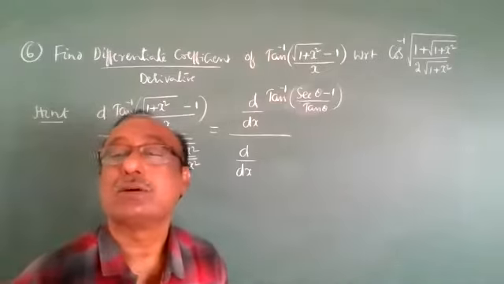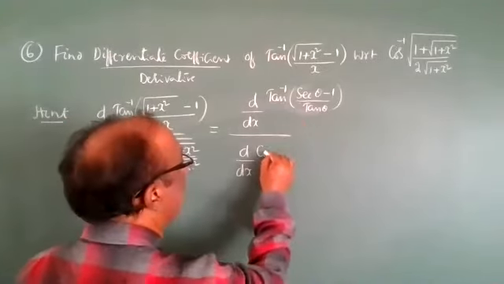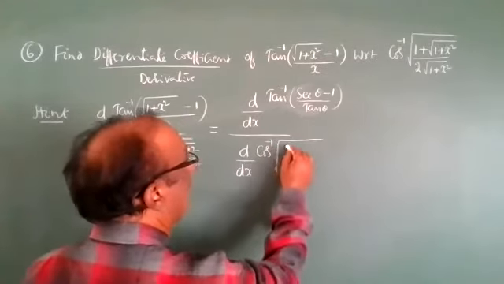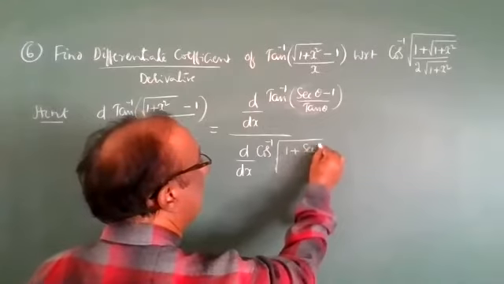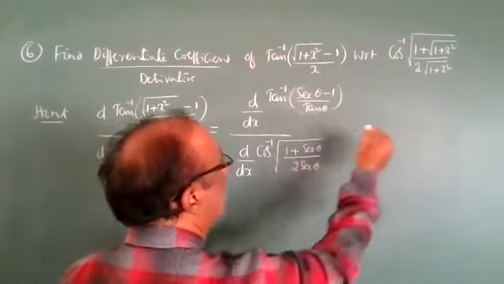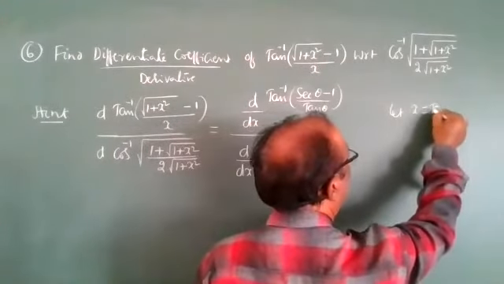For the denominator, we get cos inverse of root over 1 plus secant theta by 2 secant theta.